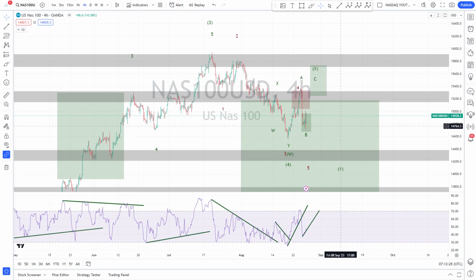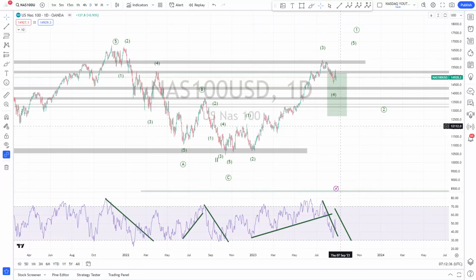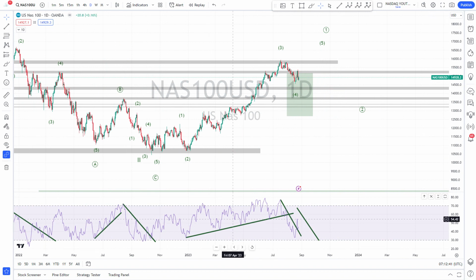The reason I think this is that, here on the daily, what I would expect is that this was just the first part, that we now see a bit more upside, and that we then get another bearish cycle down here for the RSI reset, and from there we can then see more upside as a wave 5.